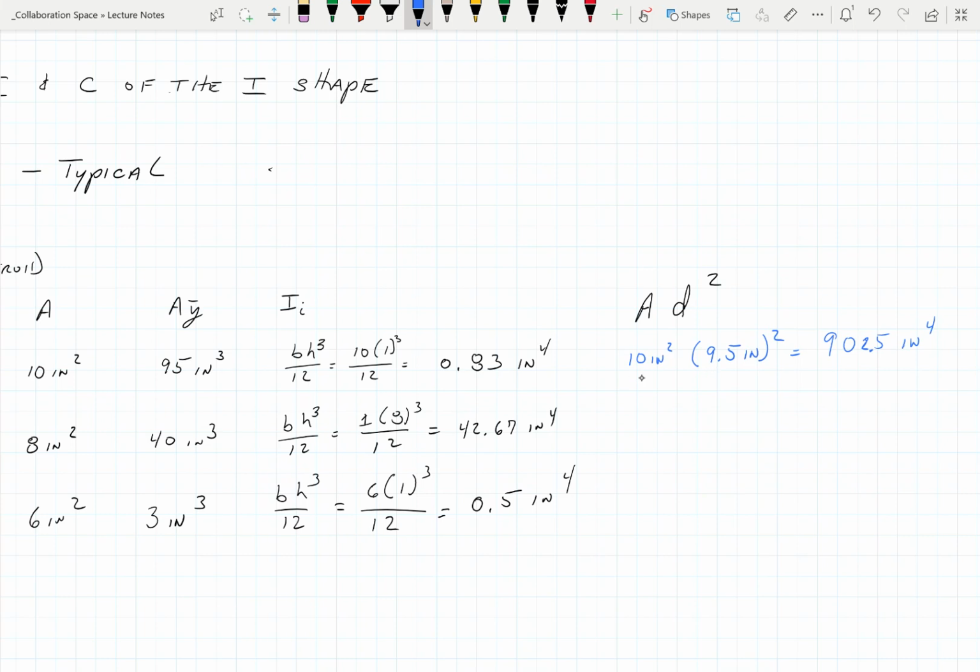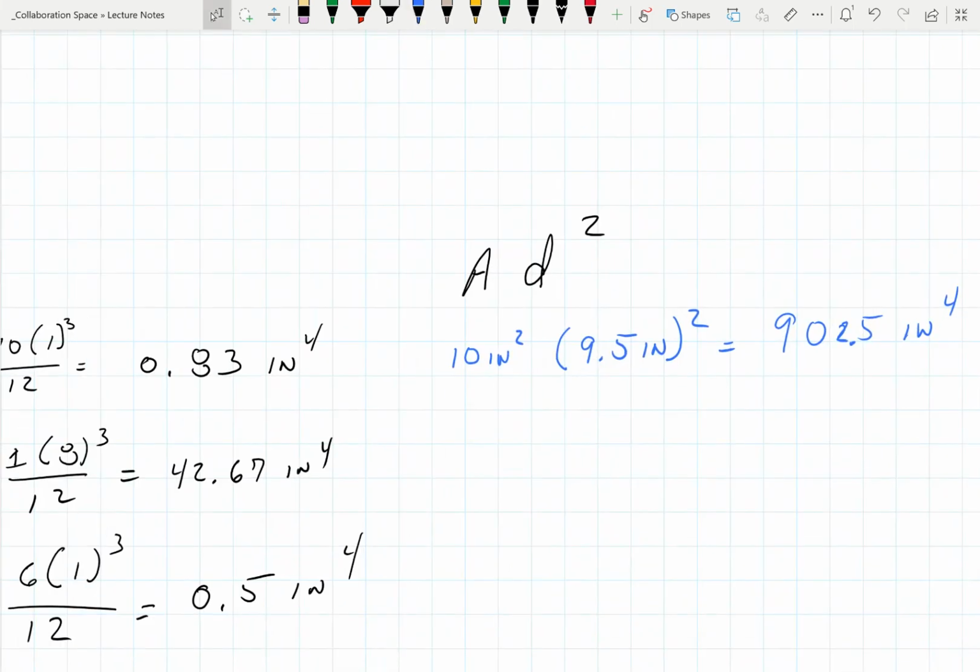And that'd be 810. And then you do the 0.5. Did you by chance just miss the 9.5? Put it in as 95? I think you put 10 inches squared times 9.5. Yeah, oh, I did that. So when you do this bit, folks, it's important that the areas are already squared, and the D is something you're going to square, because we want it in inches to the fourth.